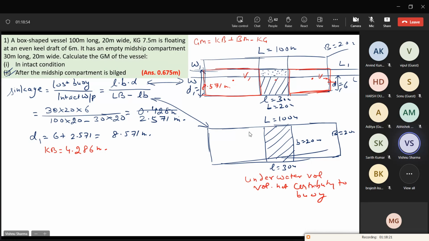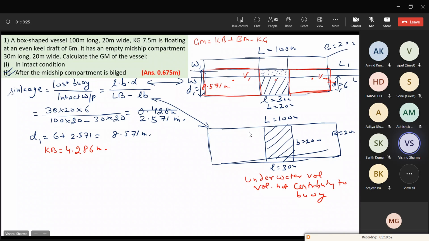Does everybody agree? Yes, sir. Okay, very good. So all of you agree that up to W1L1, the underwater volume is capital L into capital B into D1. What will be the distance of the geometric center of this underwater volume from keel in the notational form?